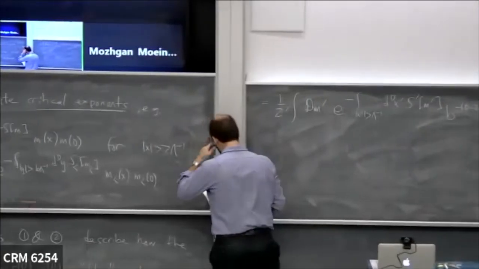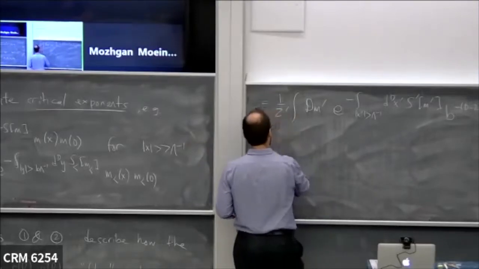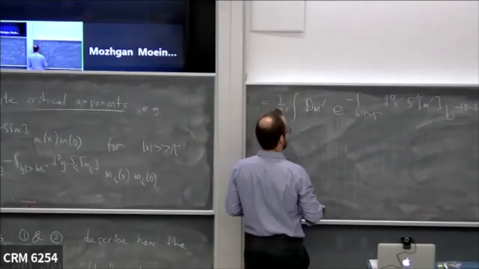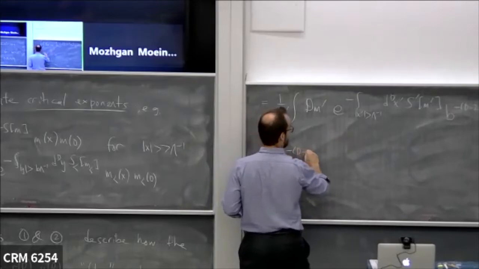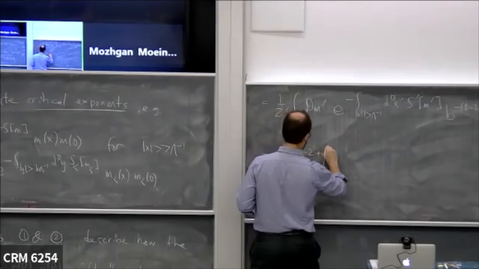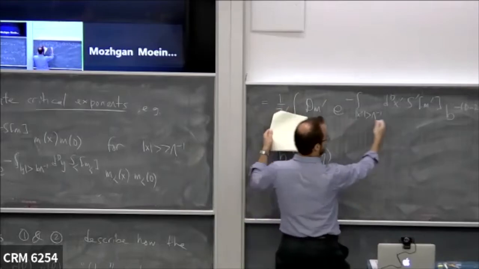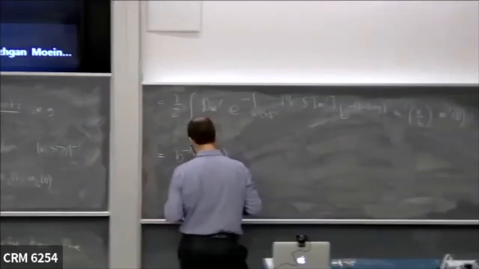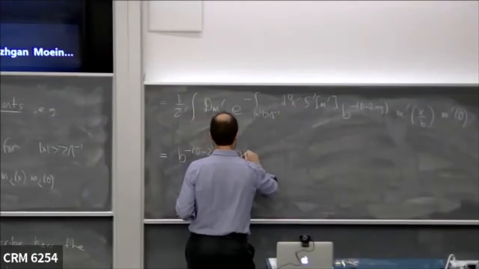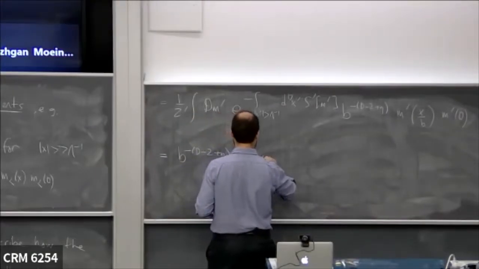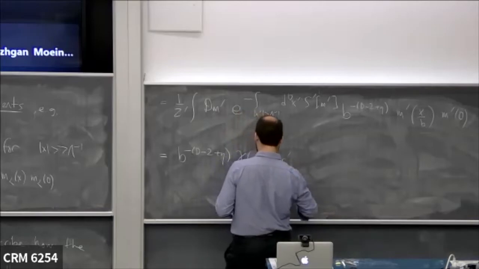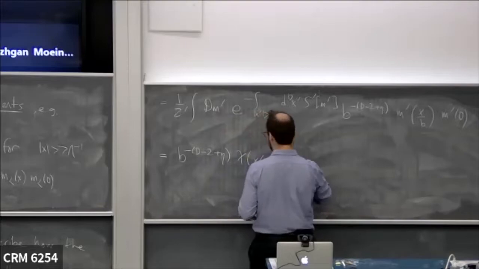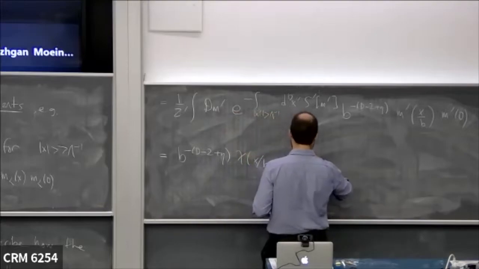Here x prime is x over b. I pull out this factor b to the minus (d minus 2 plus eta). This is just the path integral representation of exactly the same correlation function, but at x over b, and with a new coupling r prime instead of r, which is b to some power that I'll call y.